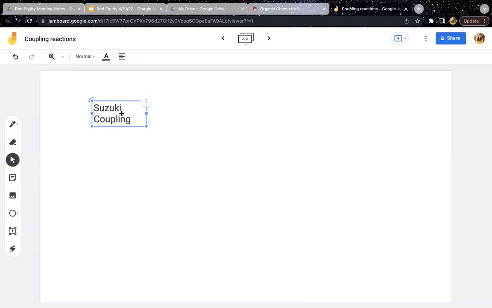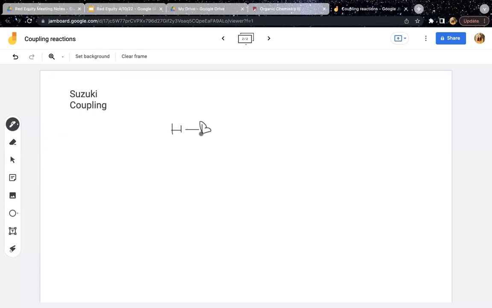Okay. So Suzuki coupling, all it is, it uses a boronic acid. So I'm going to draw out the boronic acid. And this has a lot of applications for a lot of medicines.